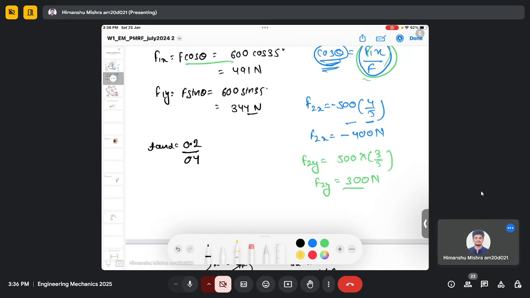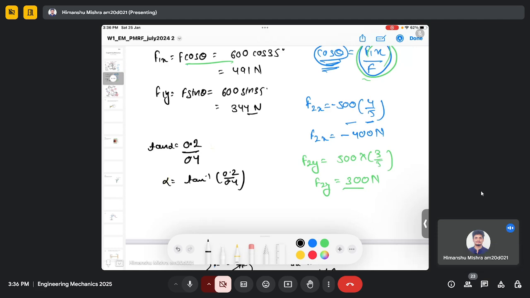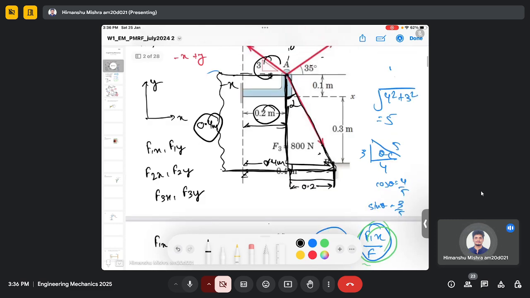So alpha equals tan inverse 0.2 by 0.4. When you calculate this, you will get alpha 26.6 degrees.